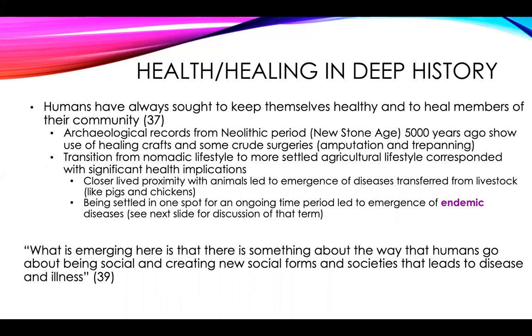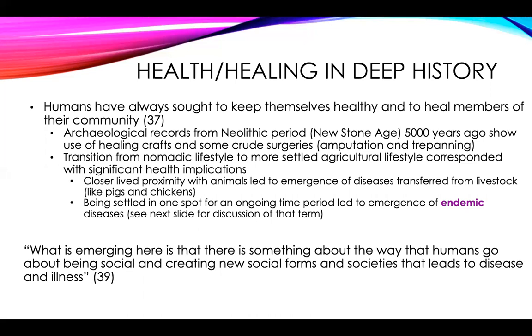There were some significant health implications because of this change. The closer lived proximity with animals led to the emergence of diseases that can be transferred back and forth between people and animals. They talked about some of the flus that come out of this now close proximity with livestock, particularly pigs and chickens.